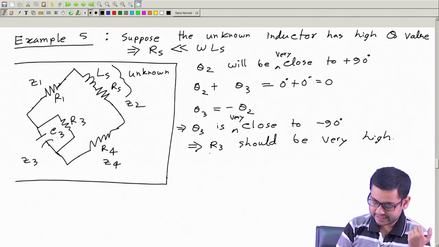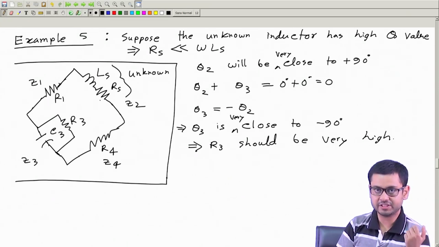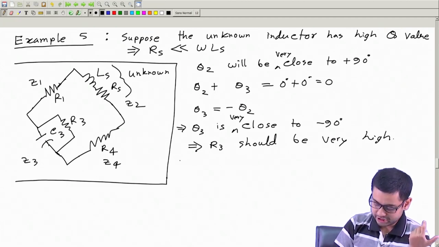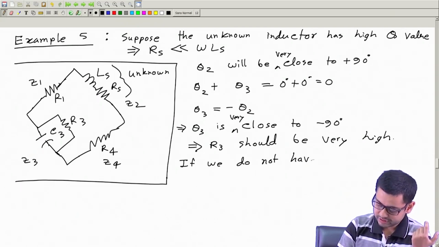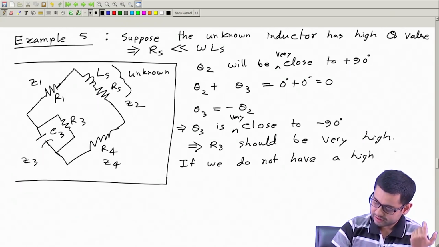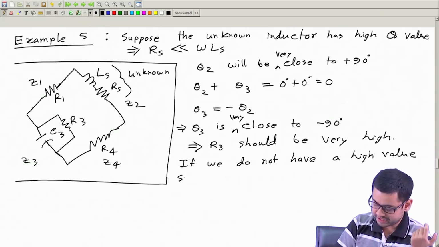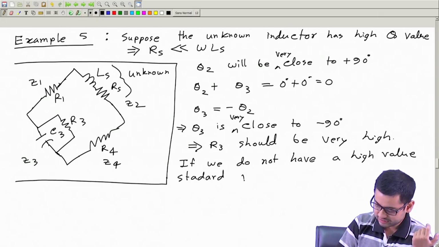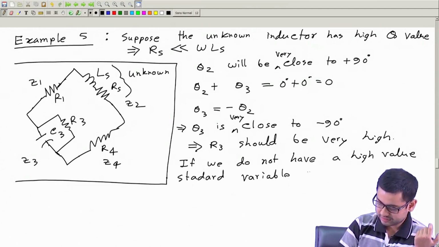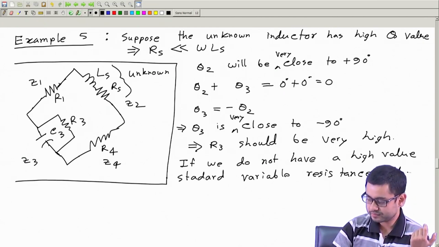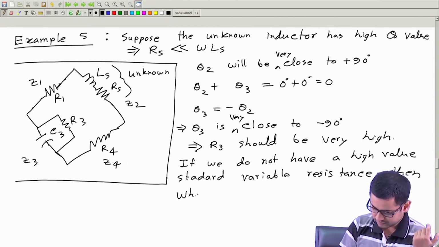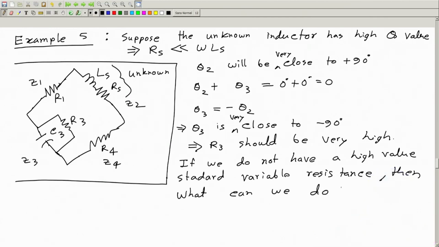So, if R3 should be very high to get this bridge balanced, and if we do not have a high value standard variable resistance, then what can we do? So, this is the question.